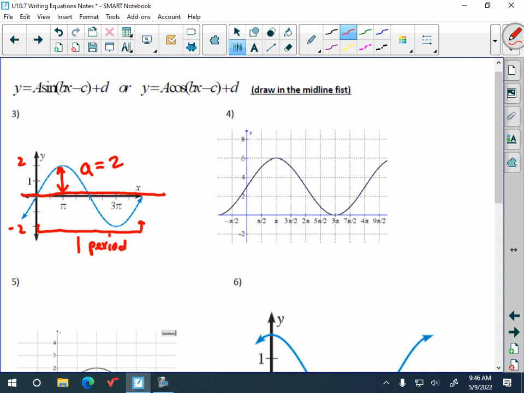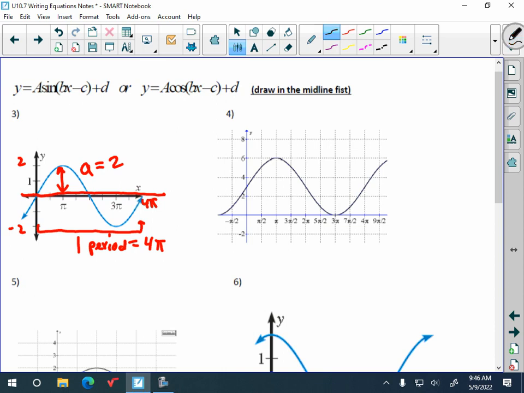And we can see that it would end at 4 pi. So 1 period is a length of 4 pi. Since the graph is crossing at the y-axis, that means there's no phase shift. C is 0. There's no vertical shift, so D is 0. So all we need is the a and the b value, and we already know that it's a sine function.